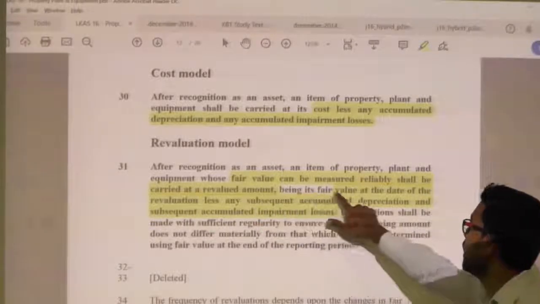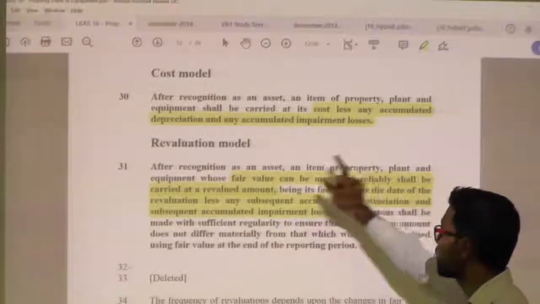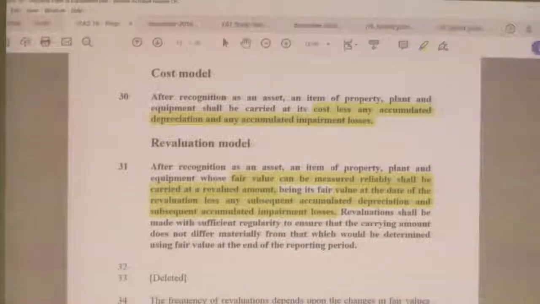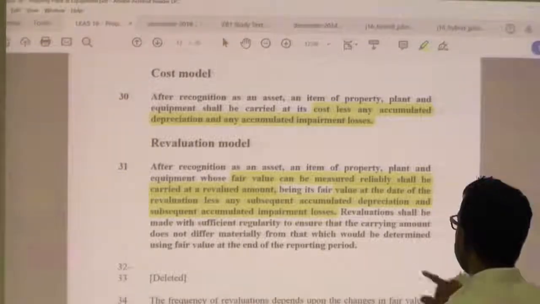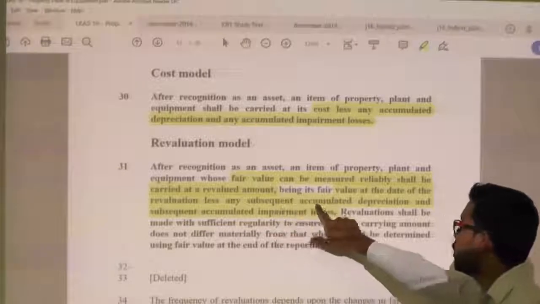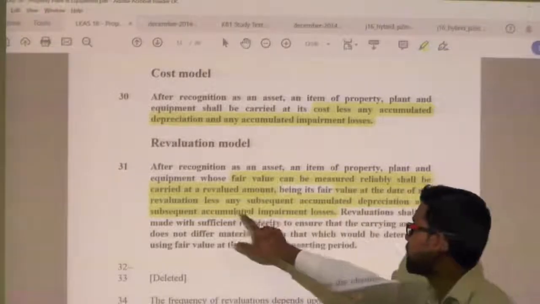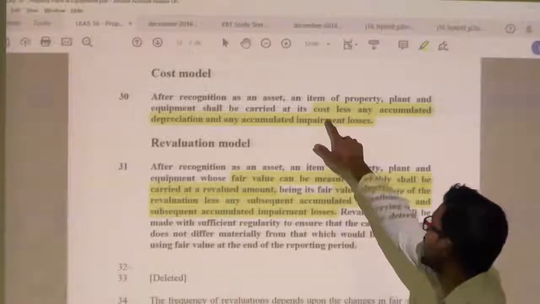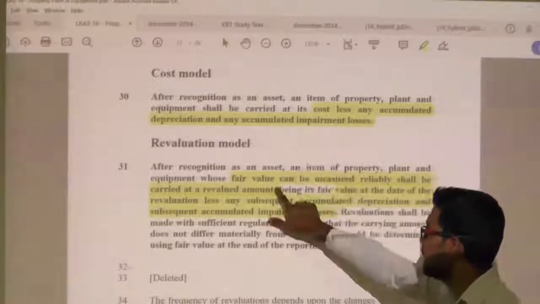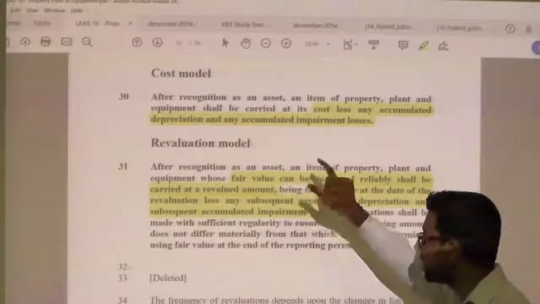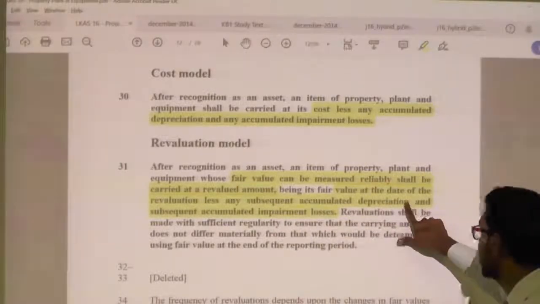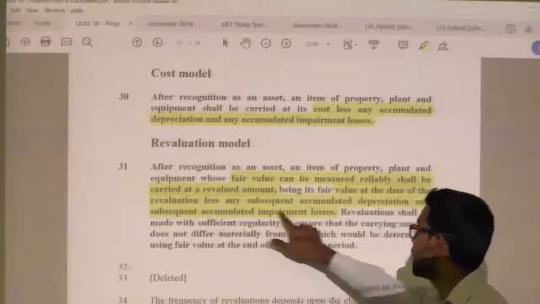Underline the words fair value. Here it is cost, but here it is fair value. The revalued amount is the fair value at the date of revaluation less any accumulated depreciation and subsequent impairment loss. What is the difference? Here cost minus accumulated depreciation minus impairment; here fair value at the revalued date and any subsequent accumulated depreciation and subsequent accumulated impairment.